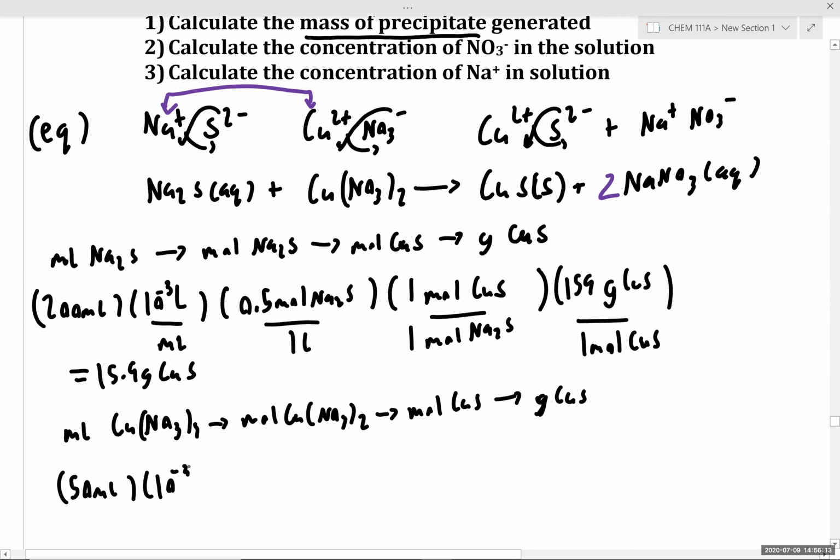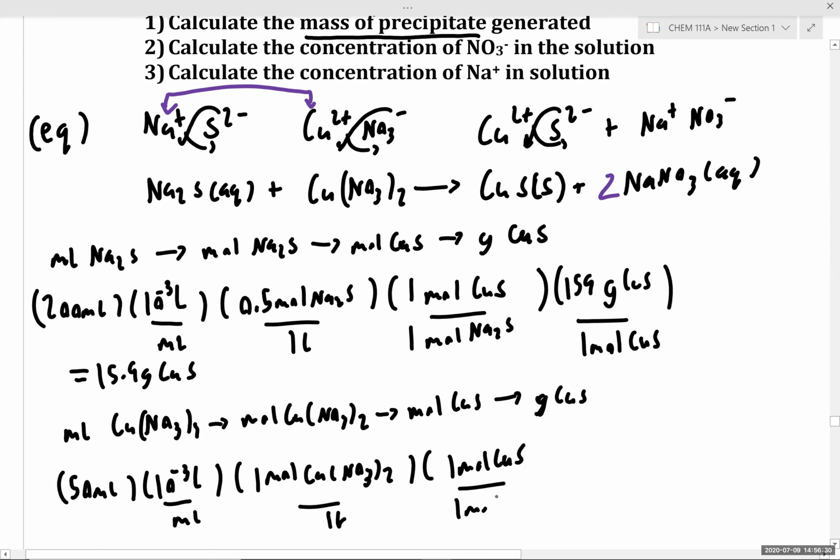We know that we have 10 to the negative third liter per milliliter, and we have 1 mole of copper nitrate per 1 liter. And we know that we have 1 mole of copper sulfide per every 1 mole of copper nitrate, and 159 grams of copper sulfide per 1 mole of copper sulfide.